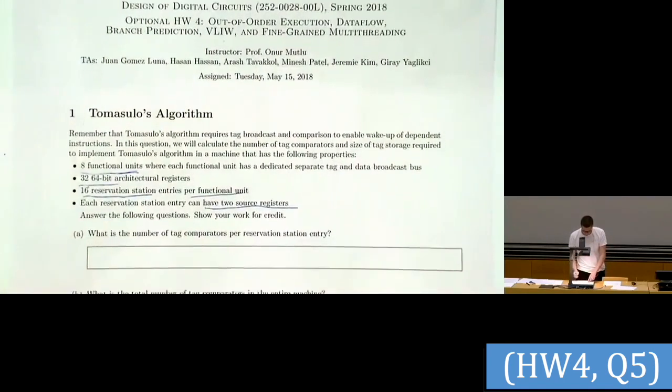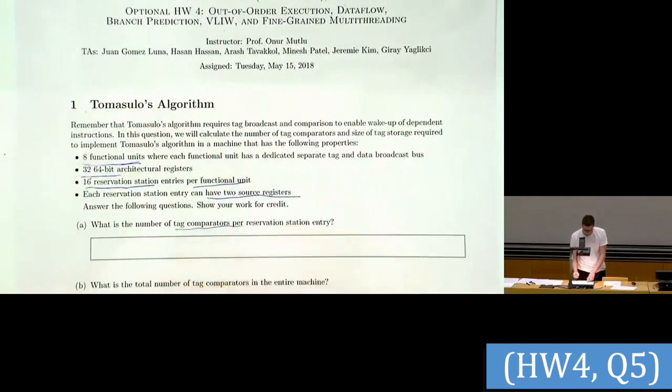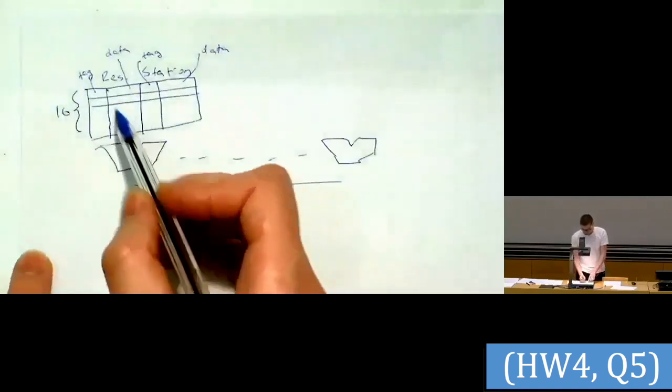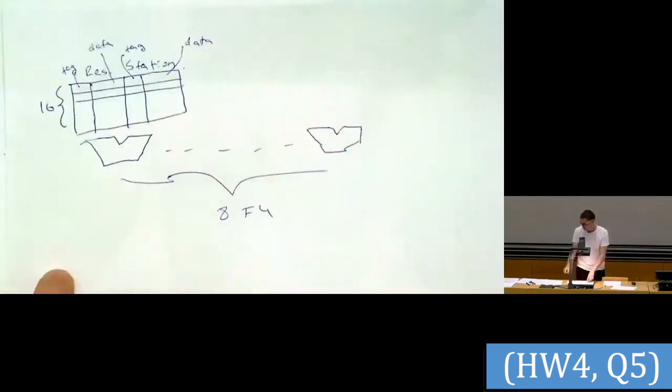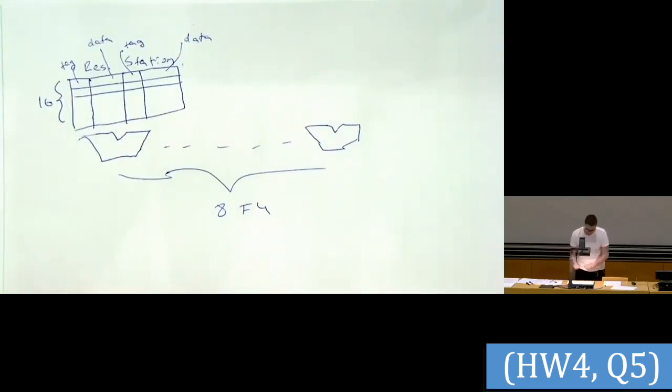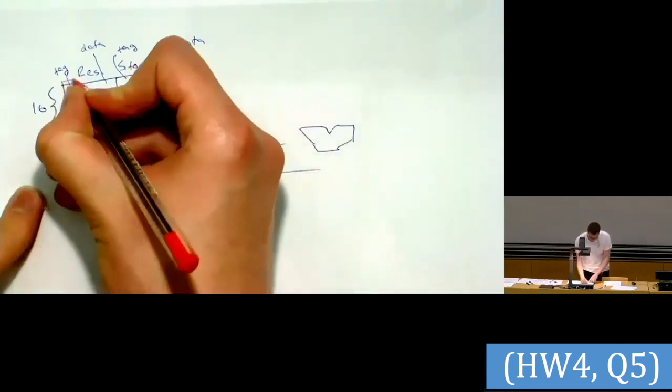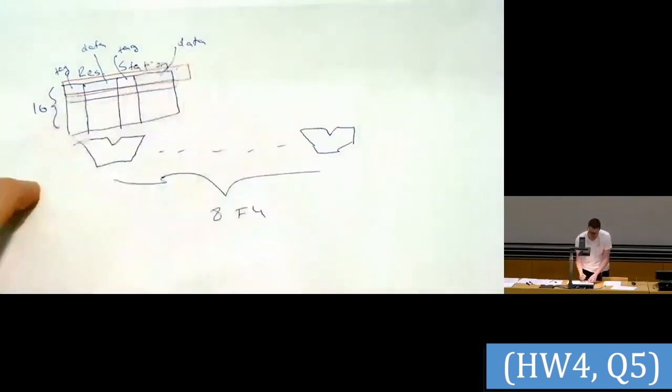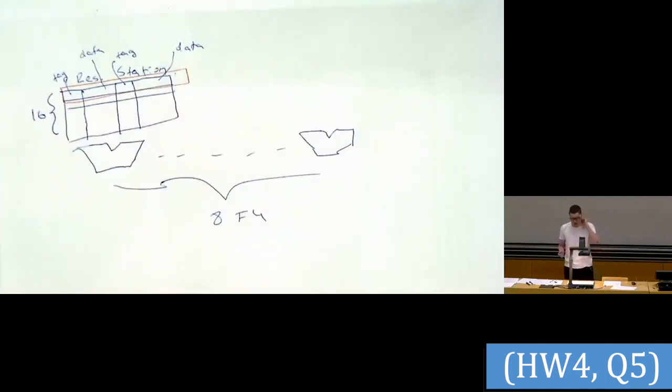And the question is asking how many tag comparators there are per reservation station entry. So in a single reservation station entry, we have two tags, right? Because we have 2 source operands.